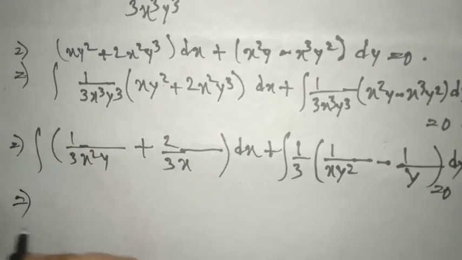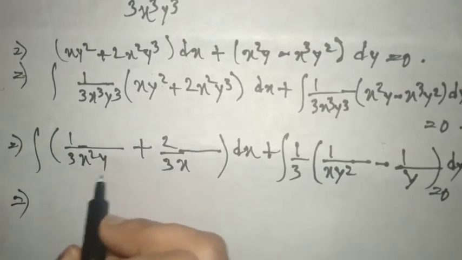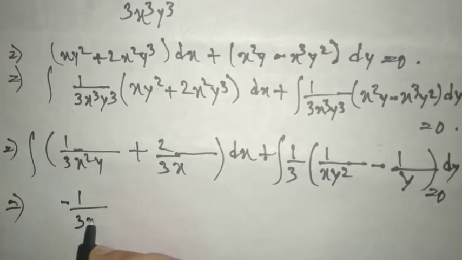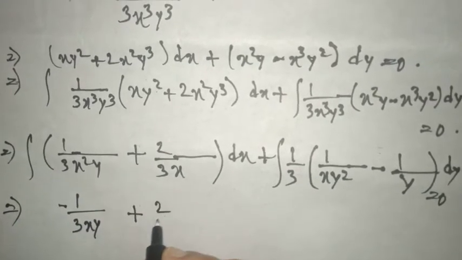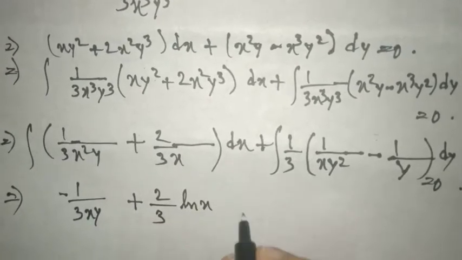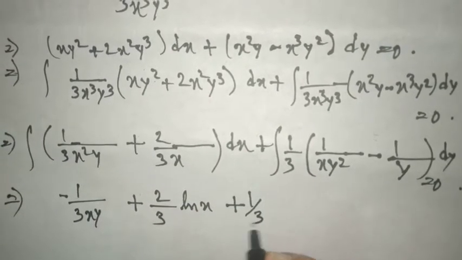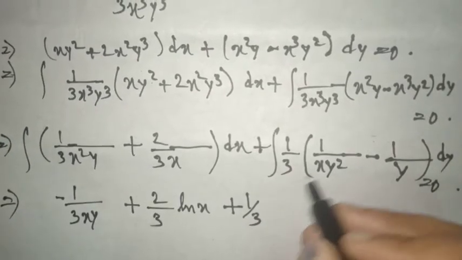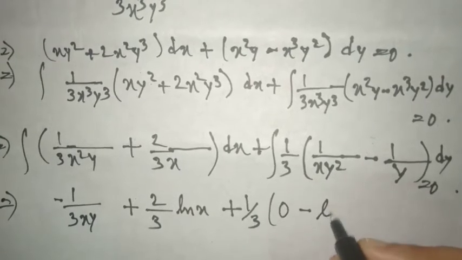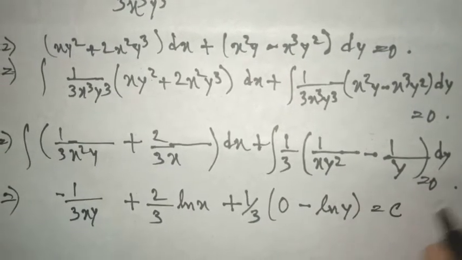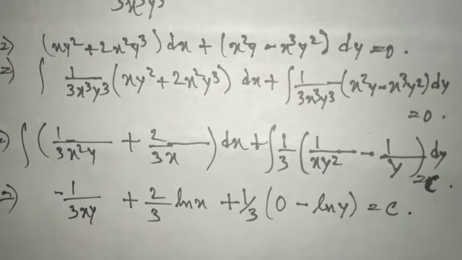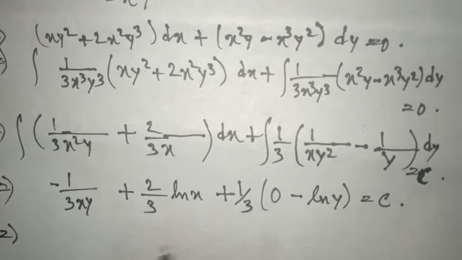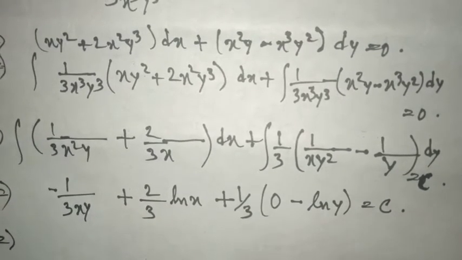Now here we will take y as constant, so on integration we will get minus 1 by 3xy plus 2 by 3 log x, and for the second part we will integrate only those terms which do not include x. So the first term is 0 and the second term is minus 1 by 3 ln y, is equals to, sorry, this is c. Now we can see that 1 by 3 is common in all the terms, so let us take 1 by 3 out.